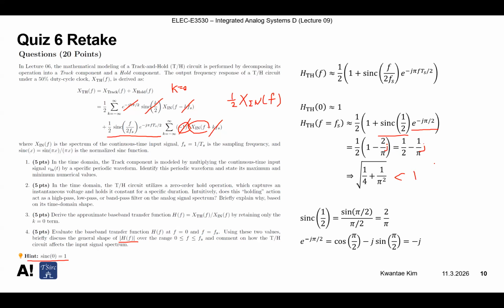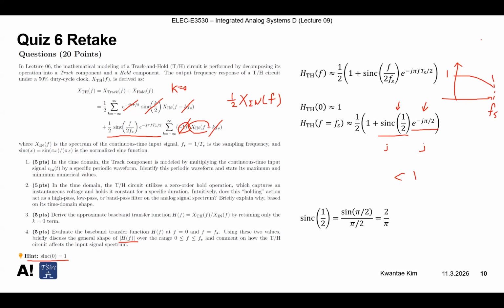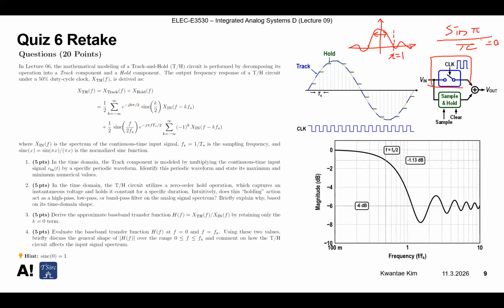We can conclude that because there are only continuous values, we can expect the frequency-versus-magnitude response to have this kind of shape. And here is the sampling frequency, and the DC gain is 1, as we checked in this graph.